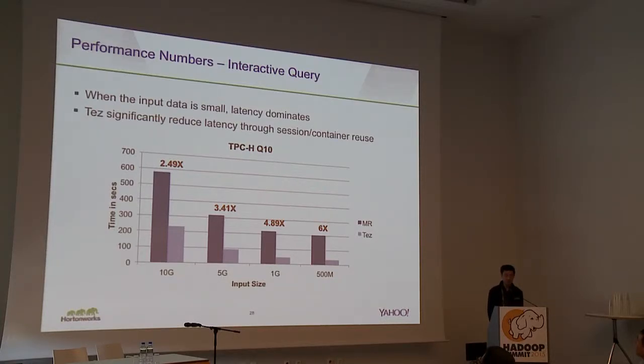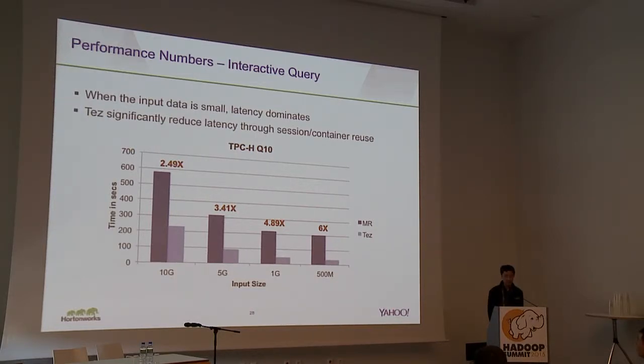Here we take one of the TPC-H queries and run it against different input data sizes. When the input data size is big, like 10 gigabytes, we see the speedup as we saw before in the heavy-duty ETL job, which is 2-3x.